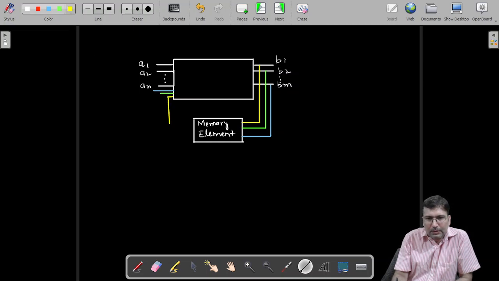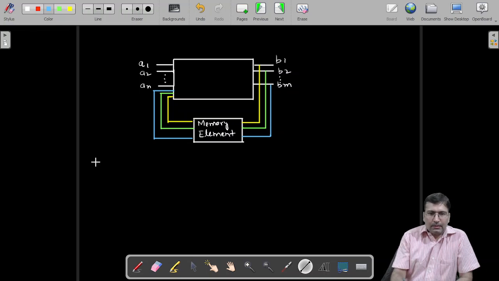All these are being passed as input, so like this it is being connected, right?